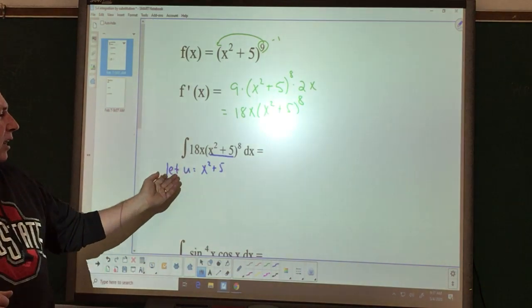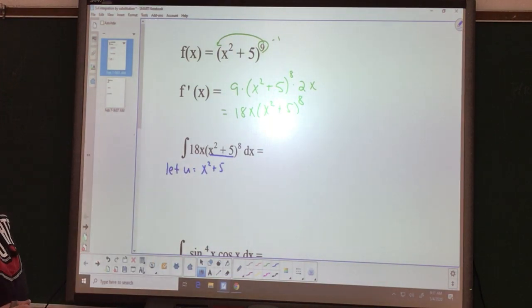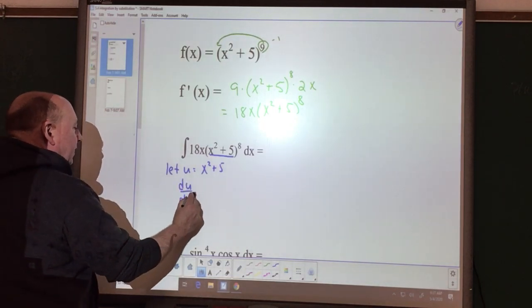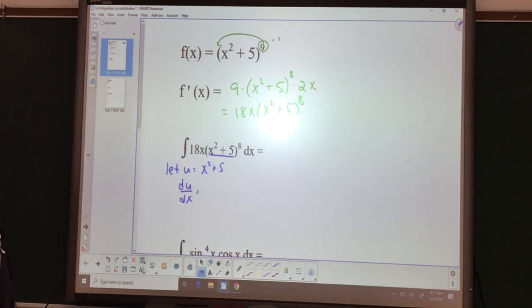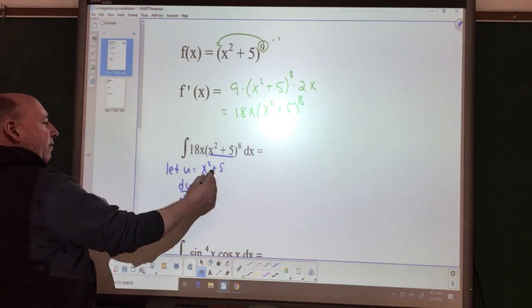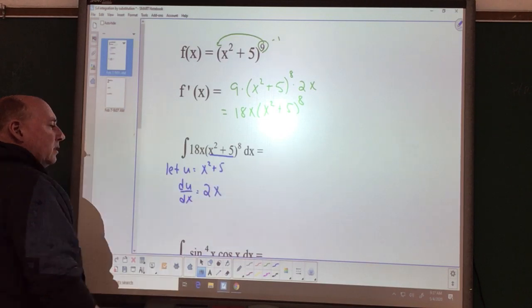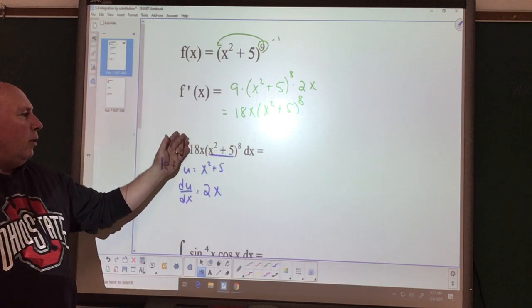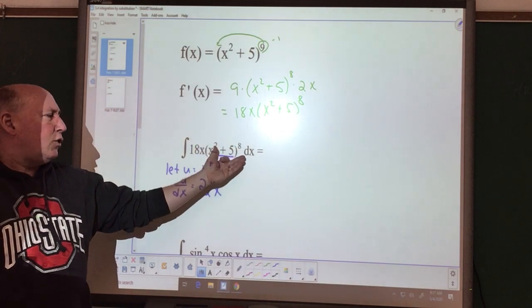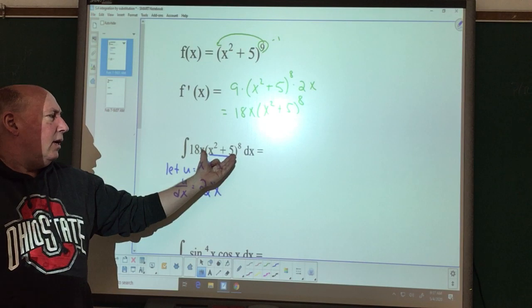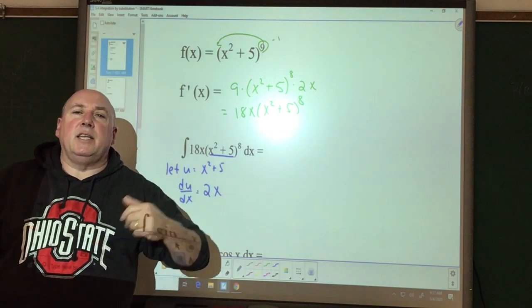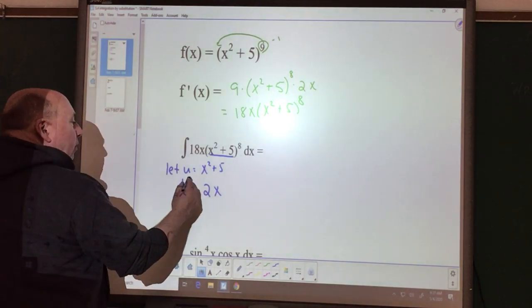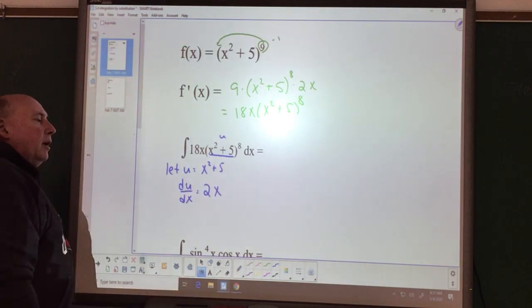If I take a look at this, u equals x squared plus 5, and let's take the derivative with respect to x, du dx. What we have here is a value of 2x. We're going to look to substitute and transform this antiderivative from x into the idea of u. We've already said this is going to be u here.